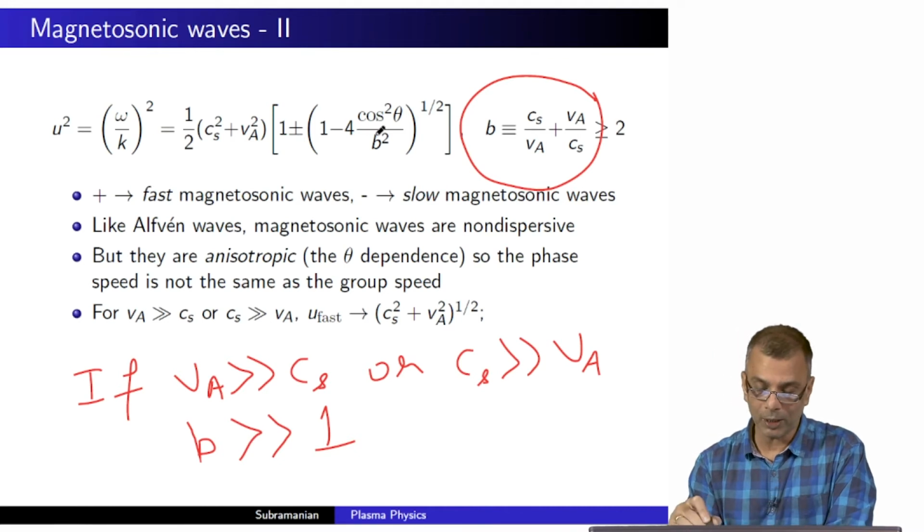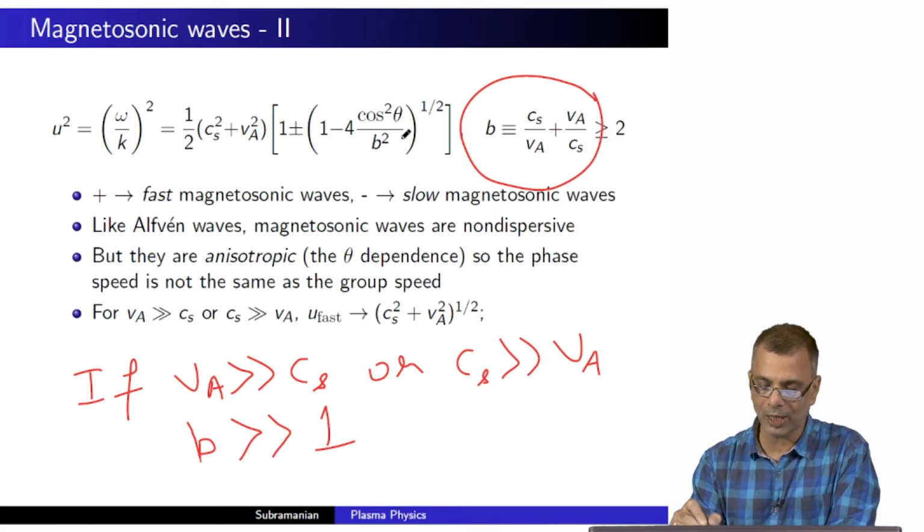And where does B appear here? B appears in the denominator here, you see. B appears in the denominator. So when this is much larger than 1, this entire term becomes negligible, and then what happens is the phase velocity loses its anisotropic character.